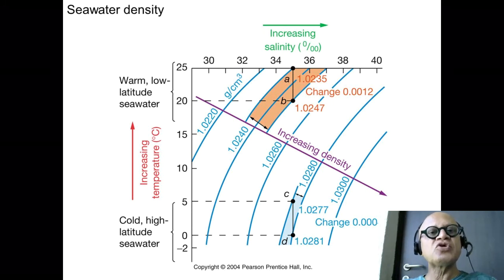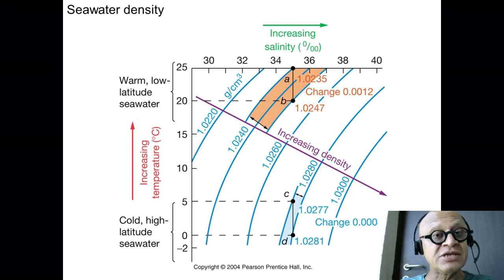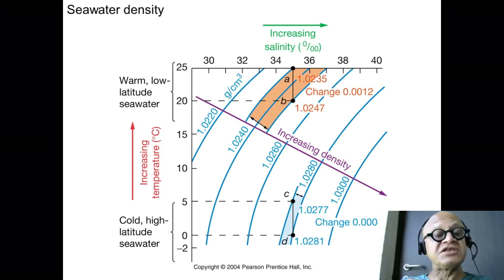So even though you are mixing two water masses with the same density, because of this non-linearity, you're going to end up with a different density altogether. Magically, by mixing two waters of the same density with different salinity and temperature, you're going to produce a second density. This is called cabbeling, C-A-B-B-E-L-I-N-G. Not a very big phenomenon, but it can matter in some places where such mixing can happen.